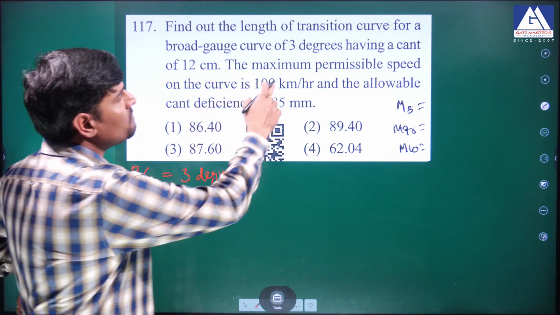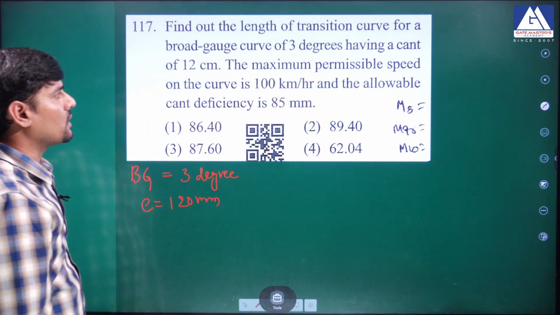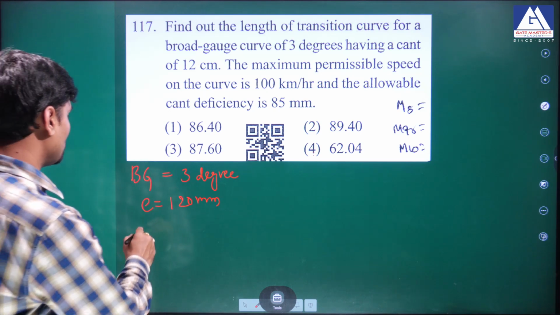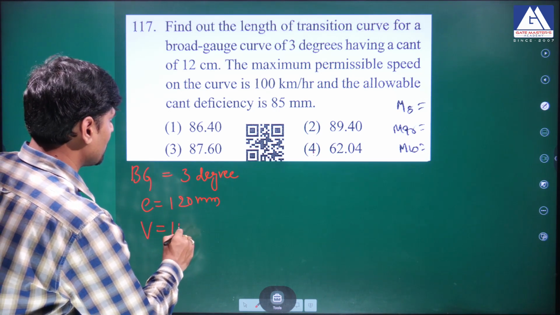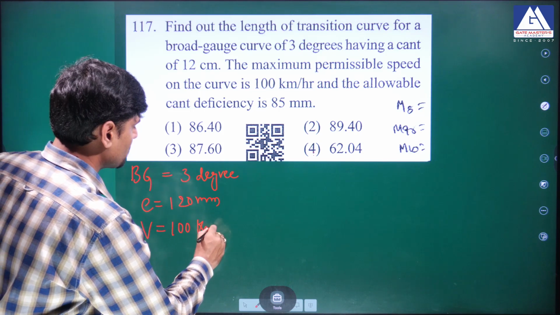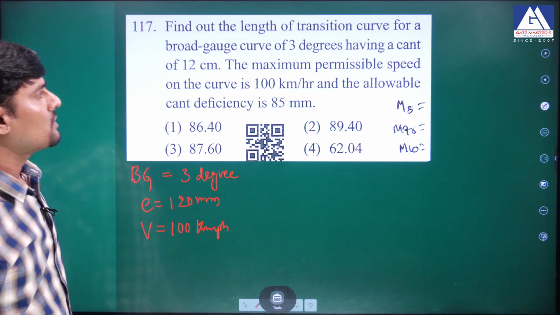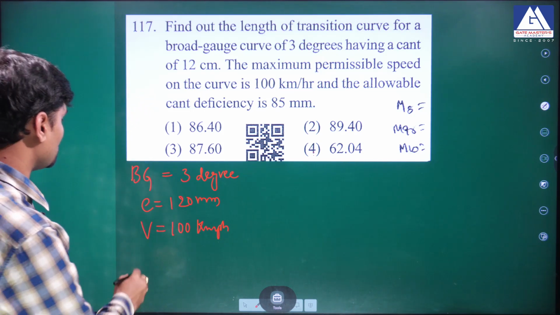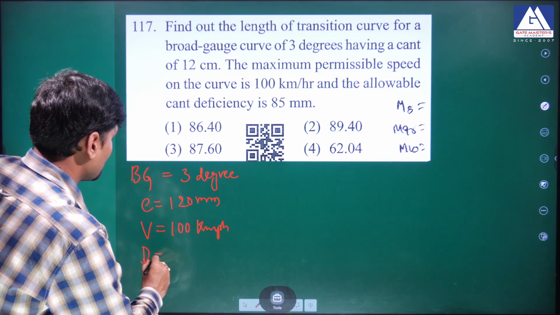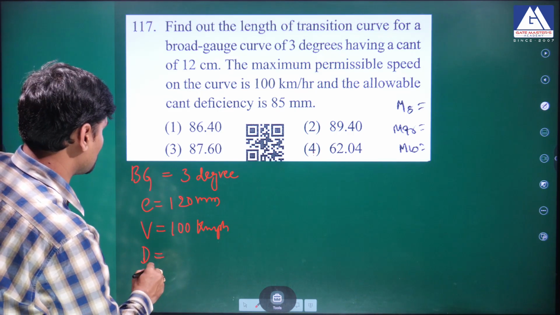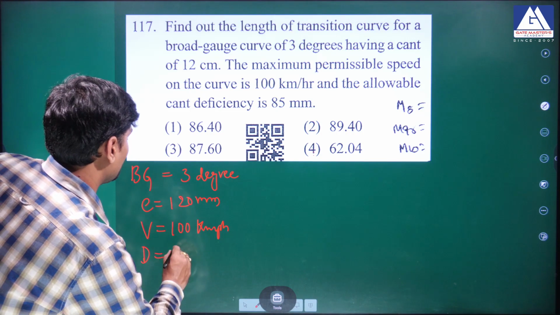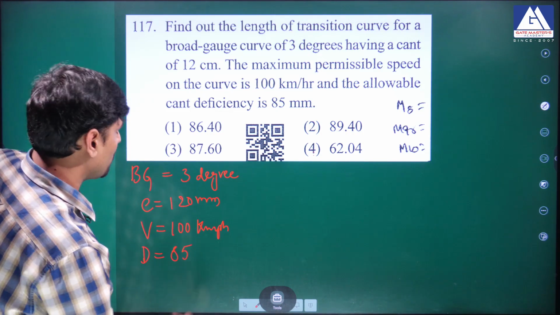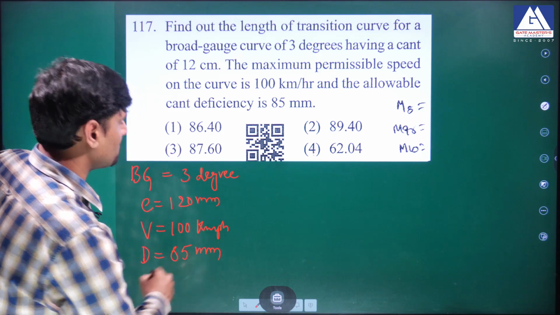The maximum permissible speed on the curve is 100 kmph, so V is 100 kmph, and the allowable cant deficiency, let us denote it with D, is given in mm only, it is 85 mm.